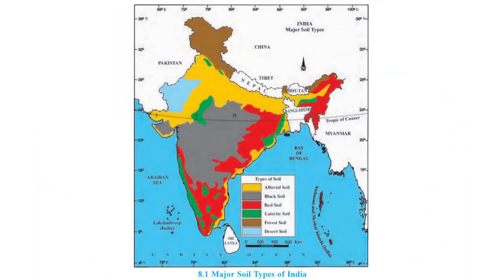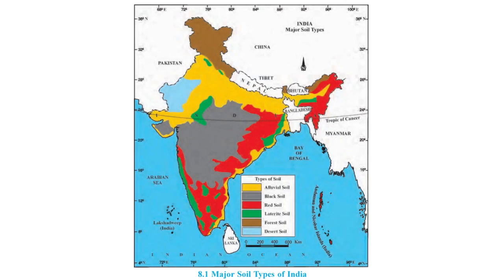So here in front of you, we have a map of India where we can see the location of all these different types of soil. This yellow portion which you are able to see in the map is alluvial soil. Then you will find a grayish color which is black soil. Red color defines the red soil.